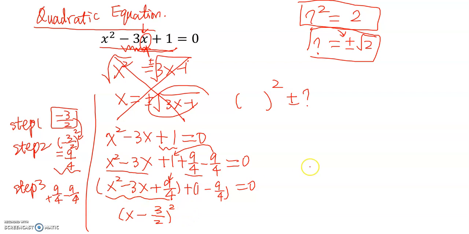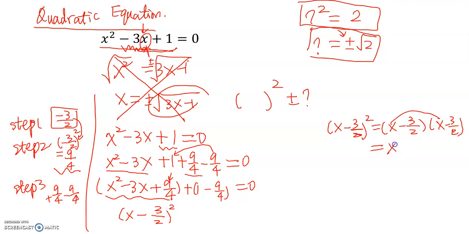And you can verify that x minus 3/2 squared is exactly equal to x minus 3/2 times x minus 3/2. When you multiply these two, that gives you x squared. When we multiply these two and these two, that's going to give us negative 3/2 x minus 3/2 x.